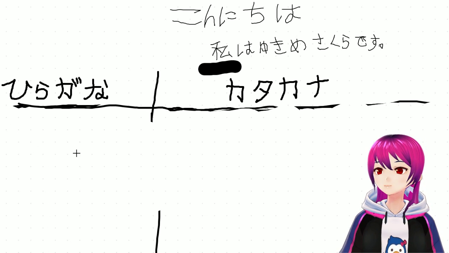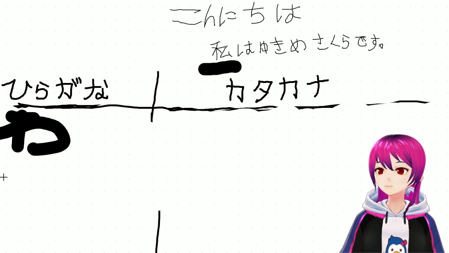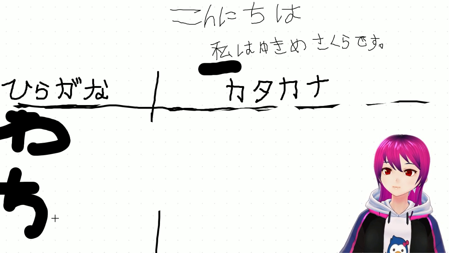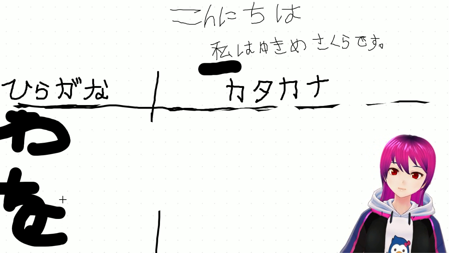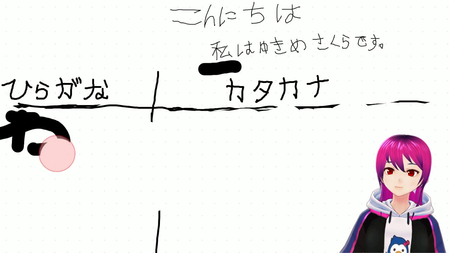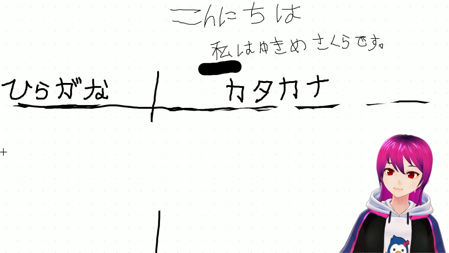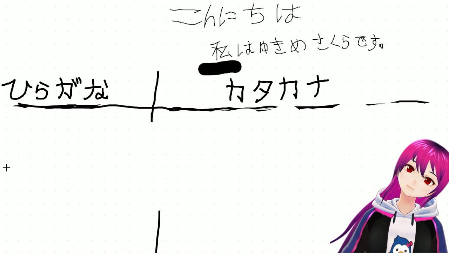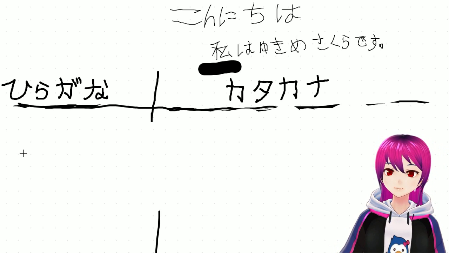Then we have the wa series. This is simply just wa and o. This does not have a W in front of it, just the letter O. Back in the olden times, it used to have a W in front of it, but now it's just O. It's also a marker for the object that you're doing actions on in a sentence in Japanese.